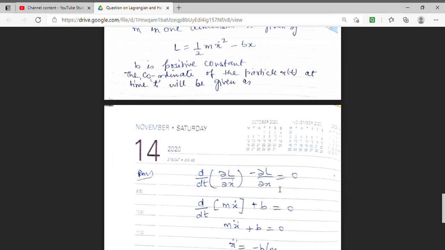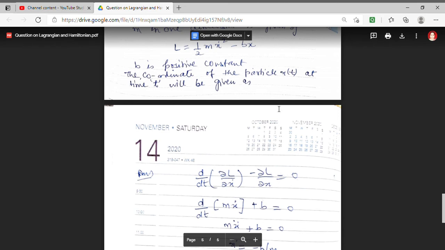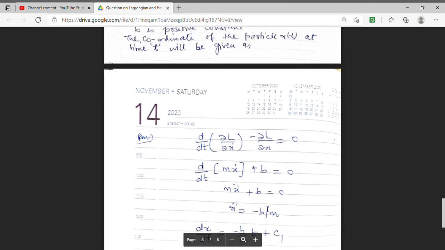On solving, the differential of L with respect to x dot gives mx dot, and differential of L with respect to x gives b. So mx double dot plus b equal to 0.